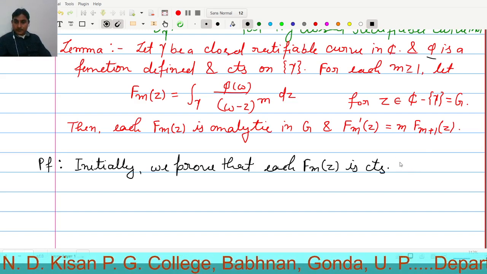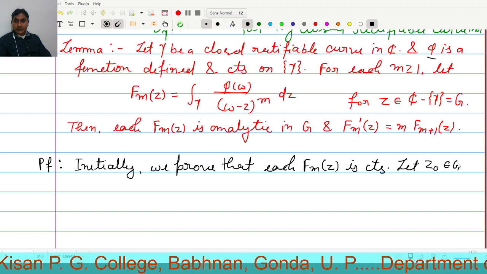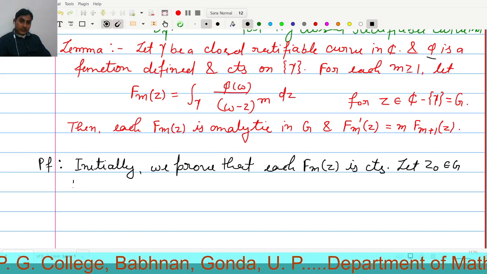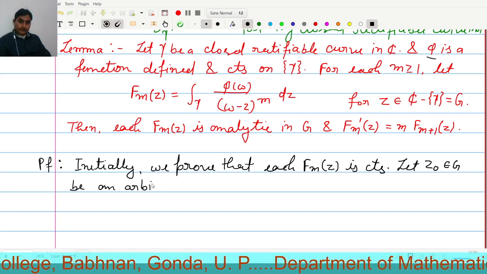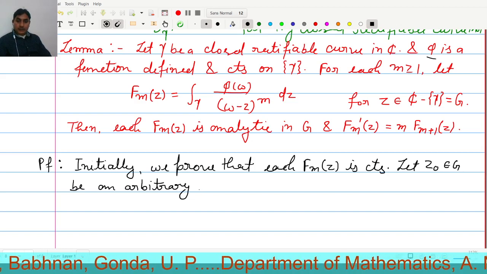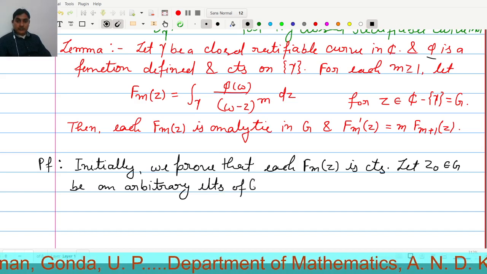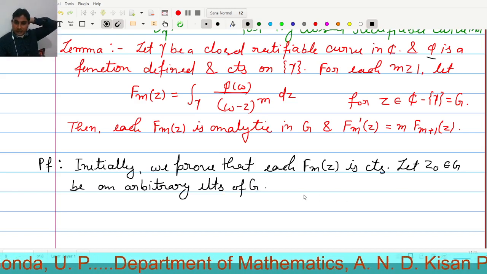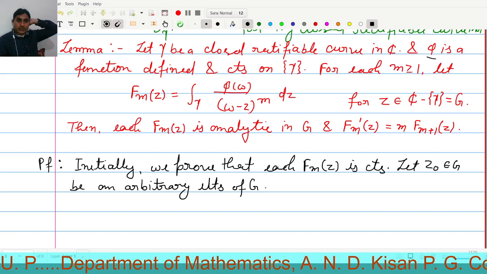For this one, let z0 belonging to Z. I have already mentioned what is Z, so we should only write: let z0 belonging to Z be an arbitrary element.